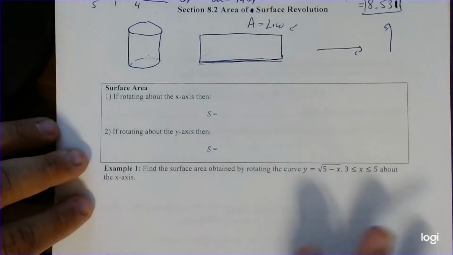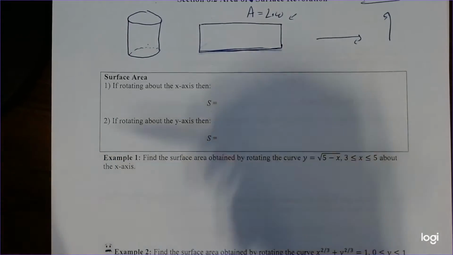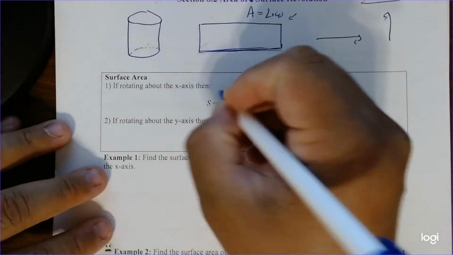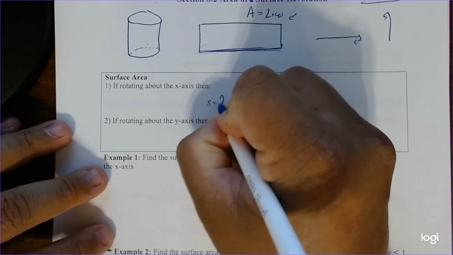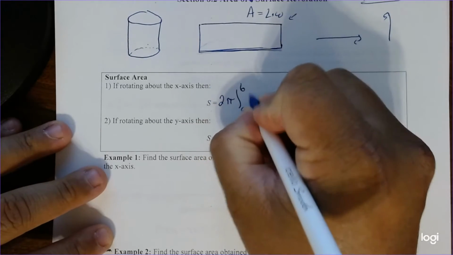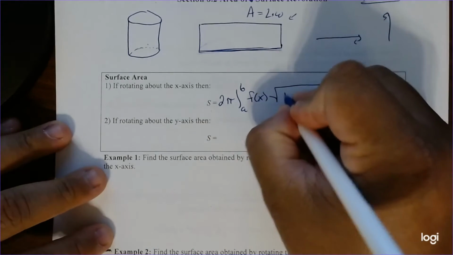Everything else goes from the situation of a cylinder, because the cross-sectional areas are going to be cylinders. The surface area, if you rotate around the x-axis, is going to be 2 pi integral from a to b of f of x times, believe it or not, the arc length.